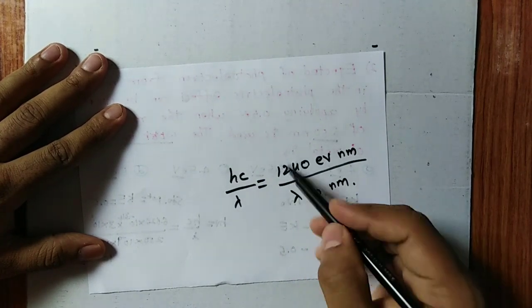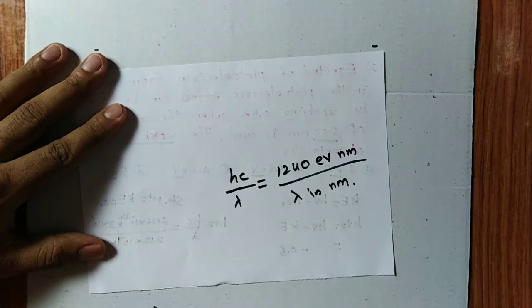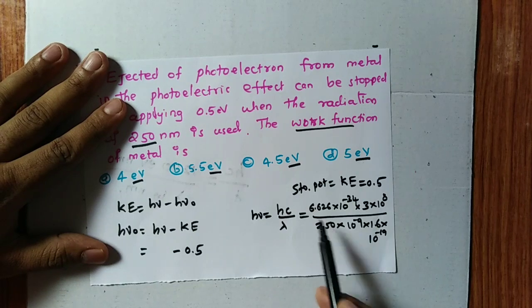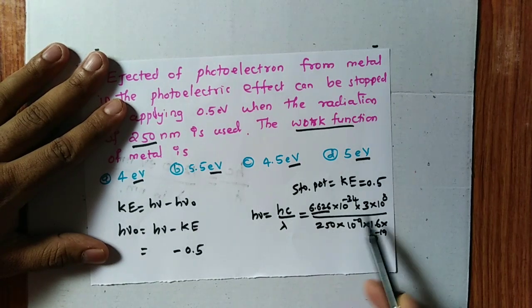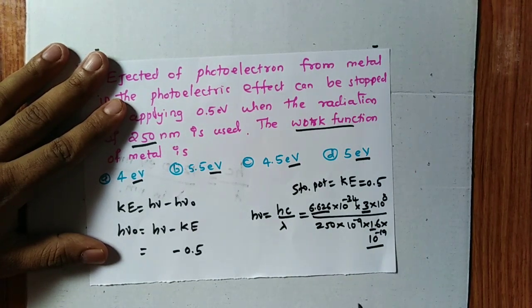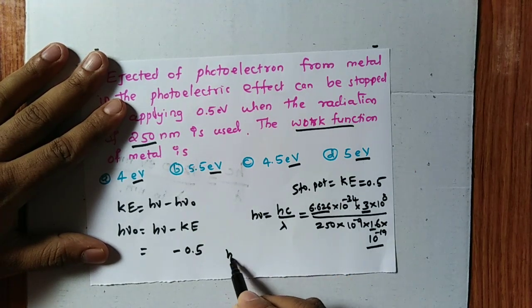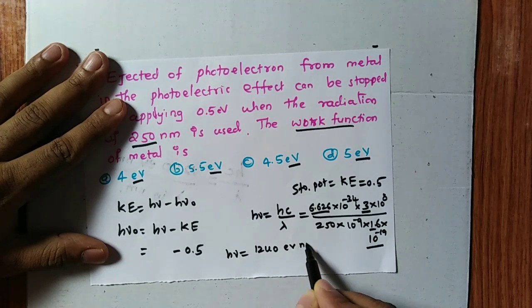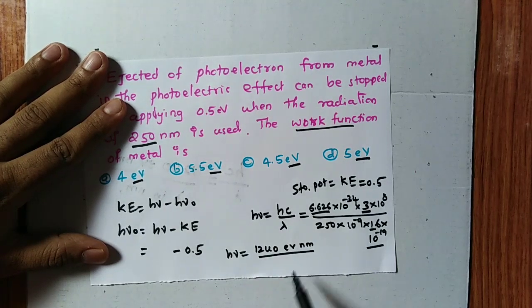So this number you have to remember, 1240 electron volt nanometer. How do you get 1240? Since h, c are constants, if you calculate all these, you are going to get h nu equal to 1240 electron volt nanometer divided by lambda in nanometer.